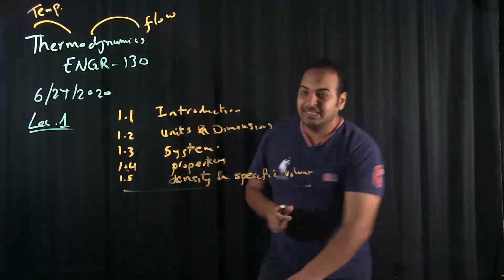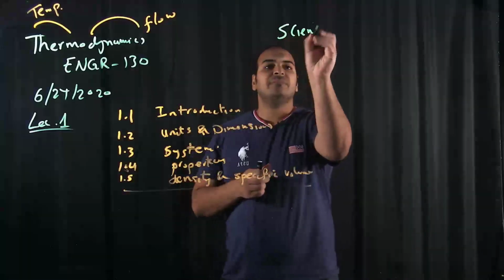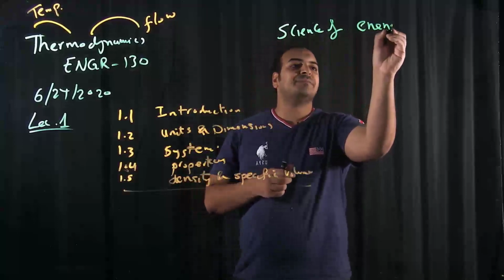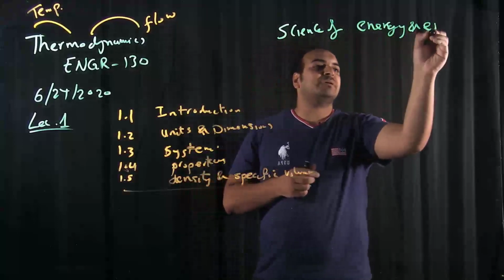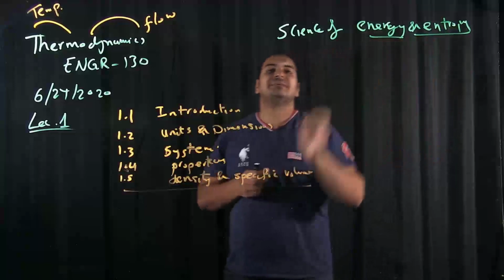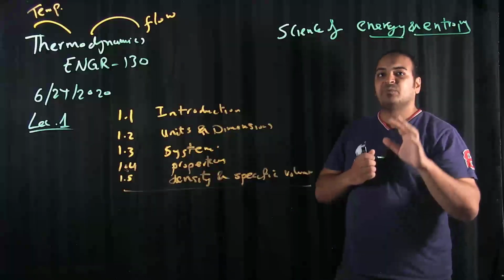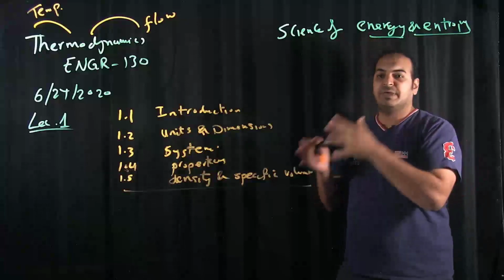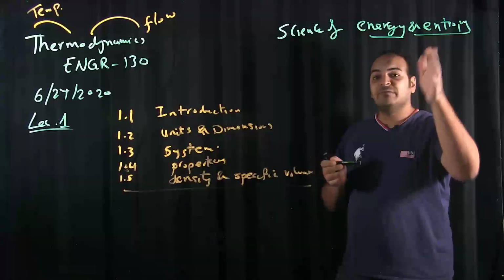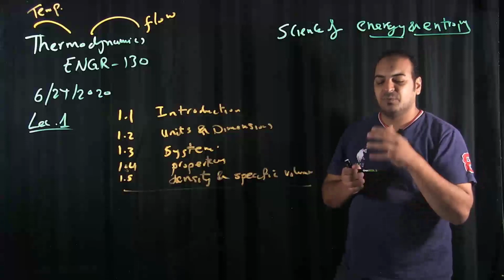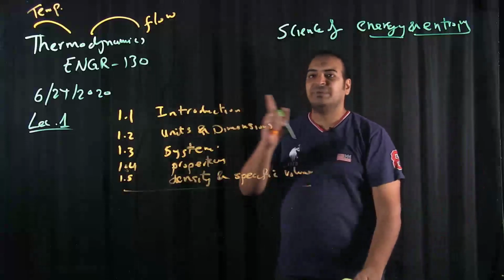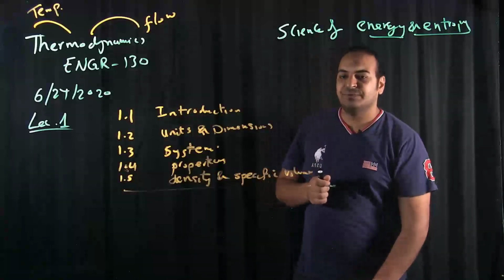Thermodynamics is the science of energy and entropy. Entropy means disorder. So we will have a lot of systems where we have energy going from heat to work or work to heat, and we have entropy. We have losses. We have problems in our system. So thermodynamics, the science of energy and entropy.